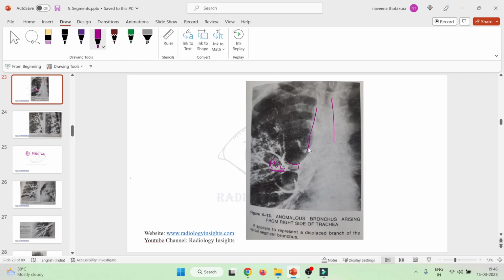From the trachea on the right side, this is actually the anomalous bronchus which is appearing. Which one? This one. It is arising from the right side of the trachea, above the right upper lobe bronchus. It might occur normally in primates also.